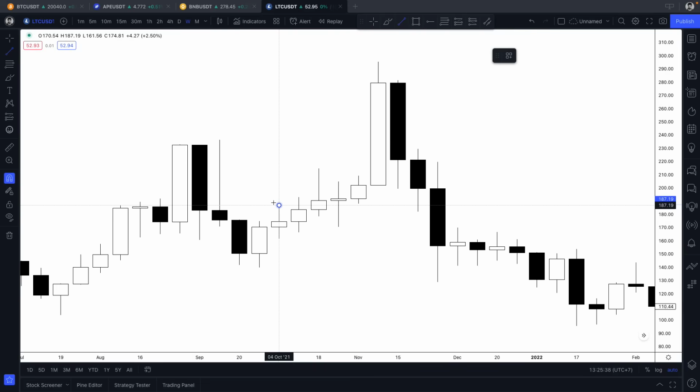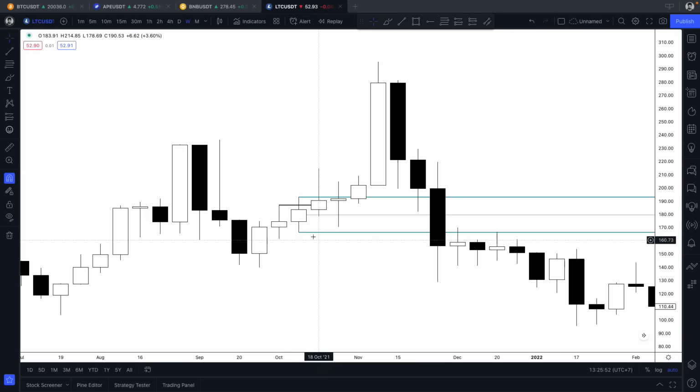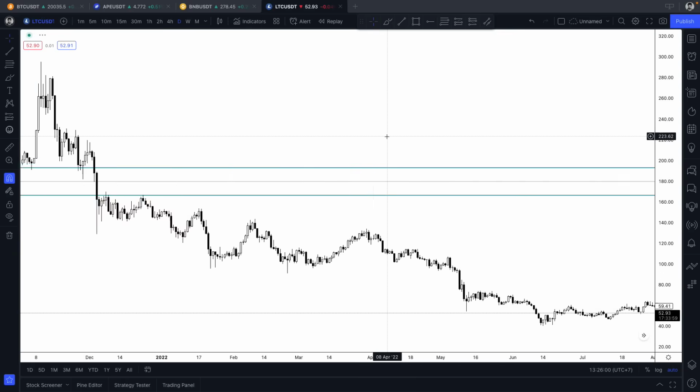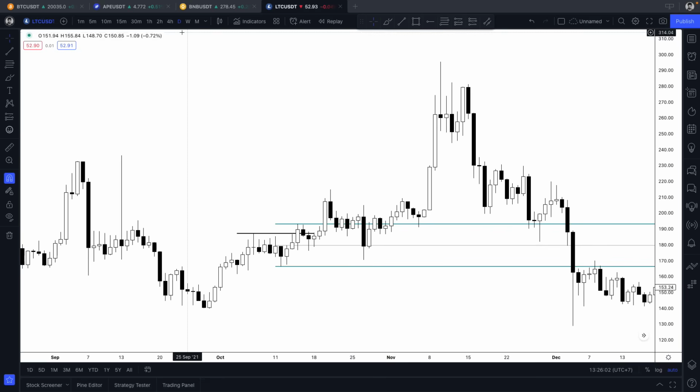So LTC, this will be the first swing high, second swing high, okay, and then you had your weekly range, which is there, and there's the mid range. Does it come back before taking out this high? Yes, it drops in. Now let's have a little look on the lower time frames and see what actually happened.